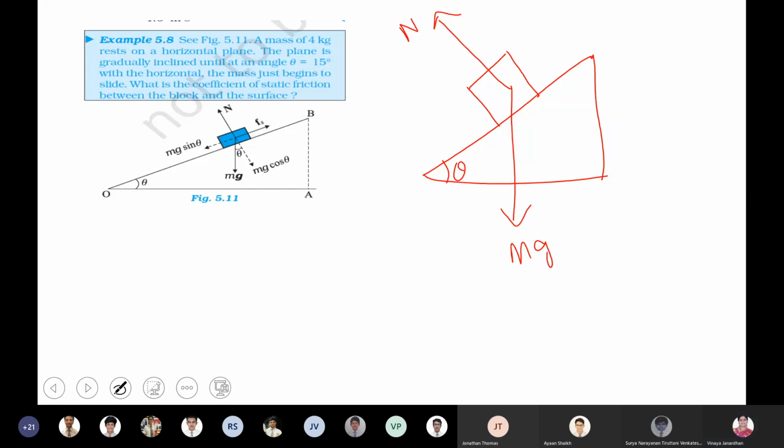Now this mg has to be resolved into two components, so this will be mg sine theta, and this will be mg cos theta.